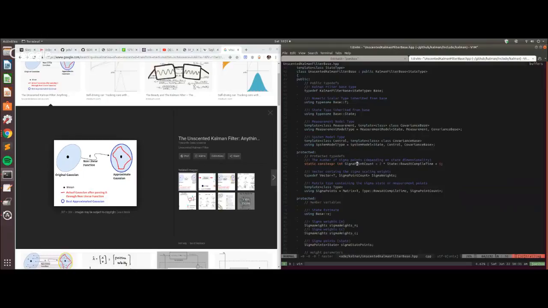Like I was saying before, the number of sigma points is going to be 2 times the dimension of the state plus 1, and we want this to be a static constant expression, because anybody who inherits from this will be bound by using this representation for the number of sigma point counts.